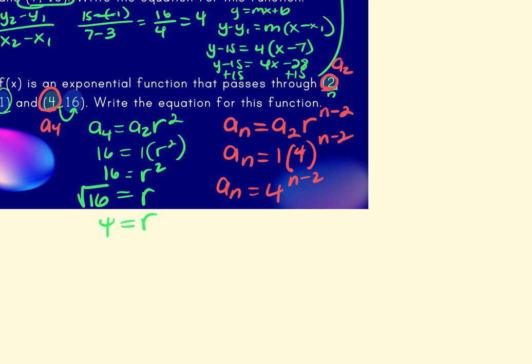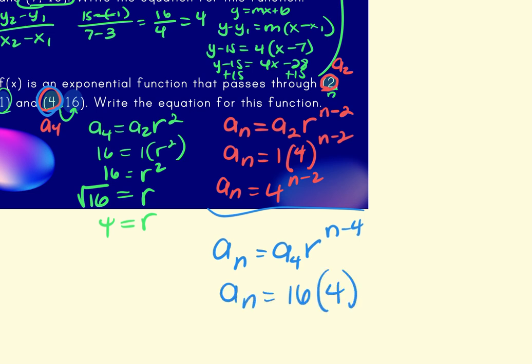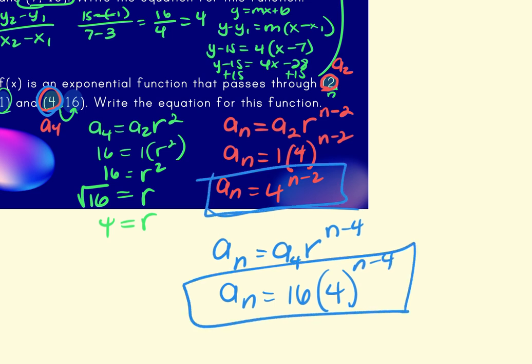Or I could say an equals a4, because that's the other one I have, times r raised to the n minus 4. So I can say an equals 16 times 4 to the n minus 4. So if it was open-ended, you could put either of those, and if it was multiple answer, they both might be there. Or if it was multiple choice, you're only going to see one of those.